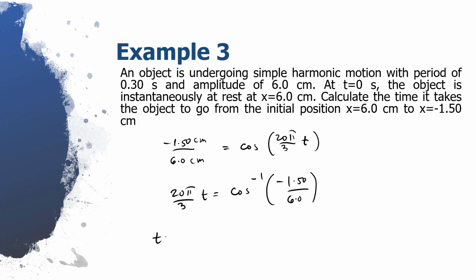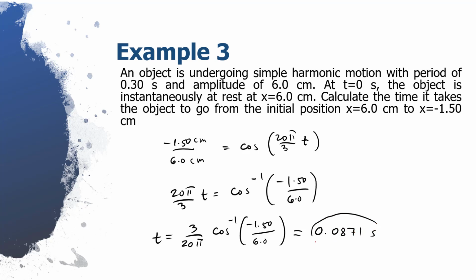So time t, cross multiplying the 20 pi over 3, is 3 over 20 pi cosine inverse of minus 1.5 over 6.0. And if you use a calculator, you will get 0.0871 seconds.